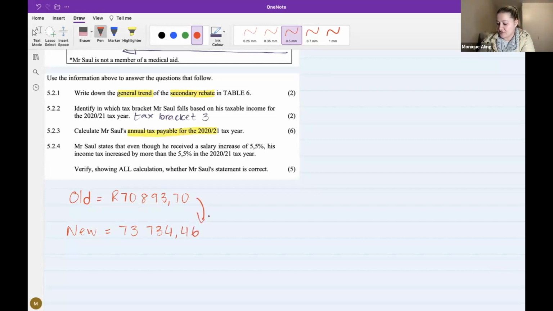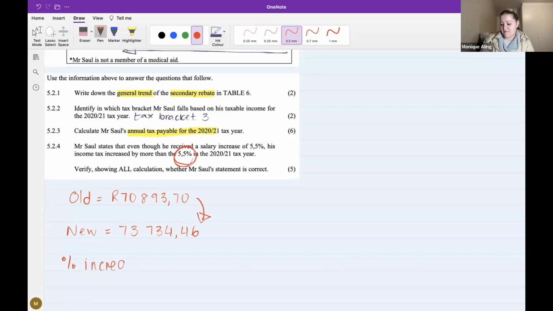So between the 2 years, we can see that the tax has increased by about 3,000, 2,900 odd. Okay, but we want to see the percentage increase. Did it increase by 5.5%? So we are working out percentage increase.